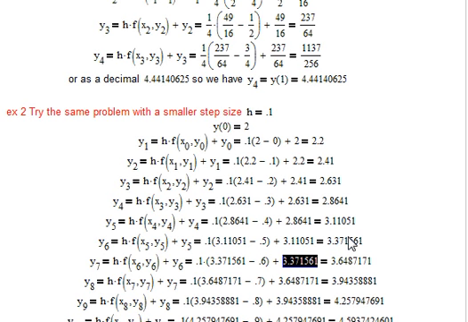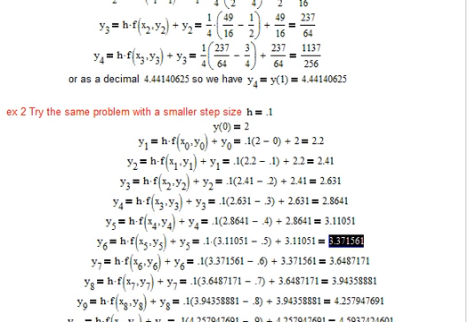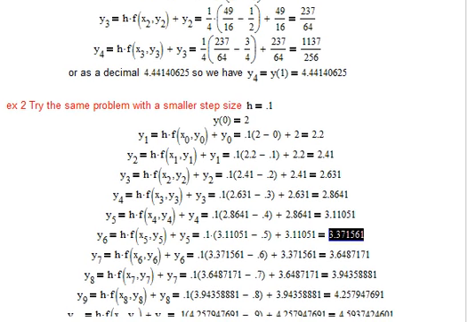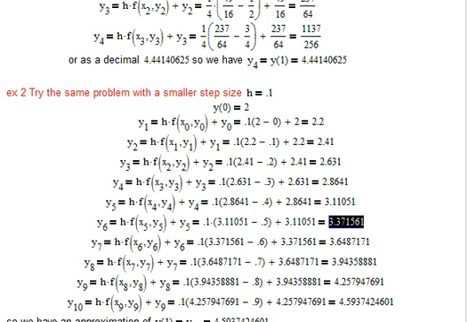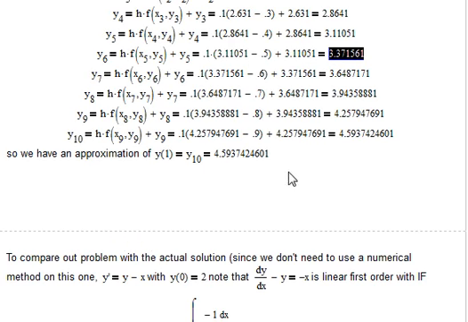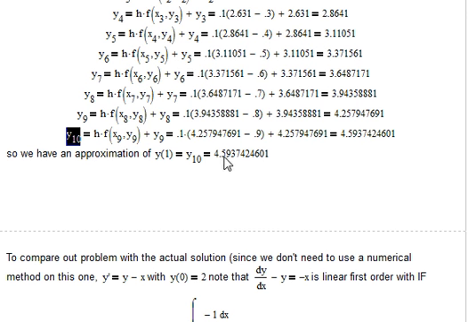And then plus our y6 there if we're trying to find y7. And that will stack up and eventually give us a value of y at 1, which is y sub 10, and that says 4.597 and so on.